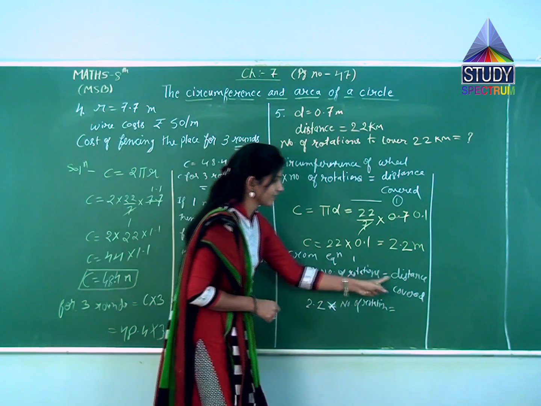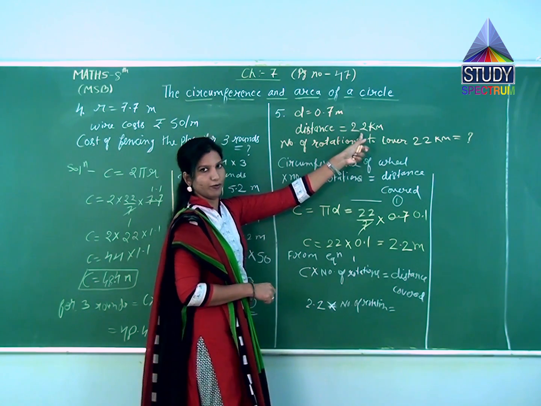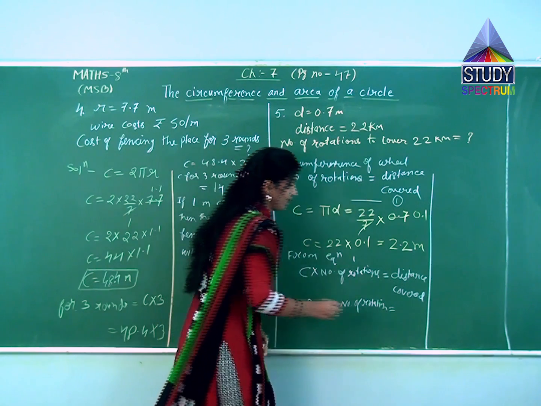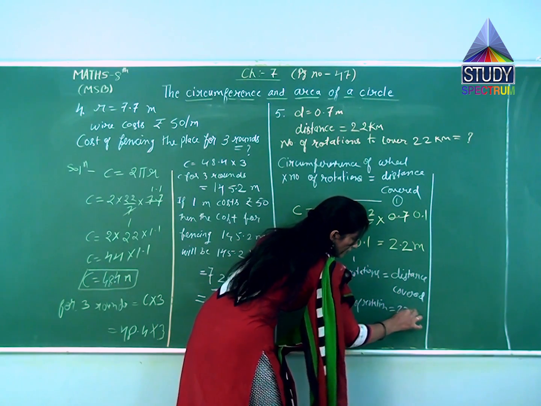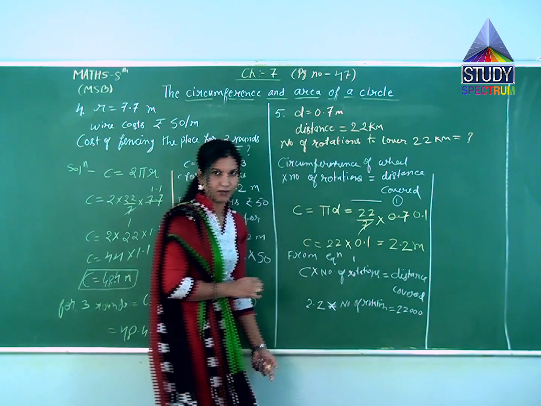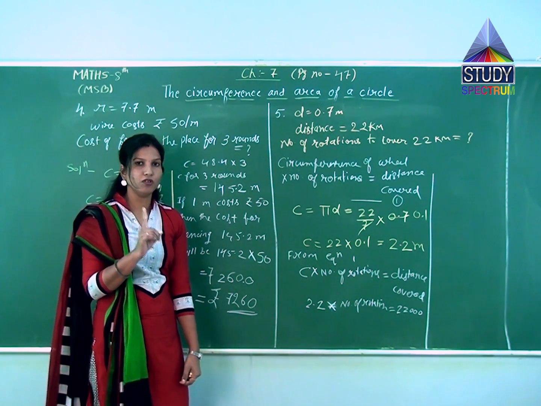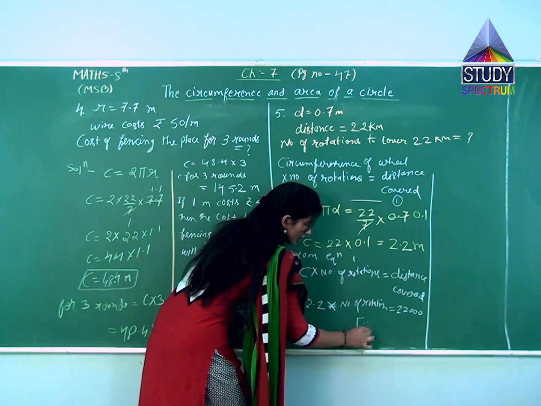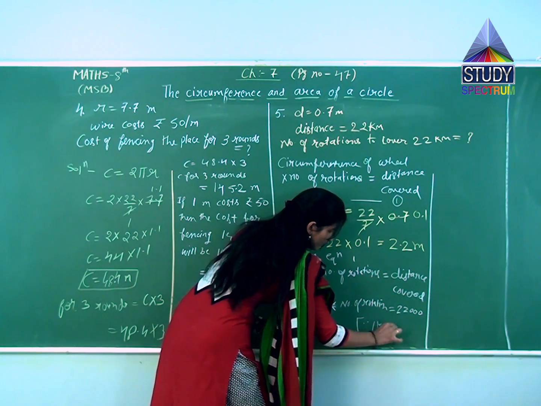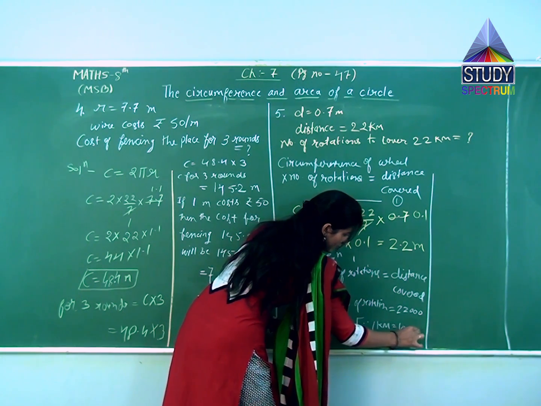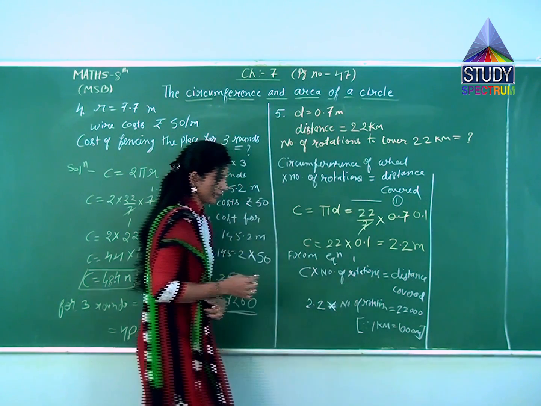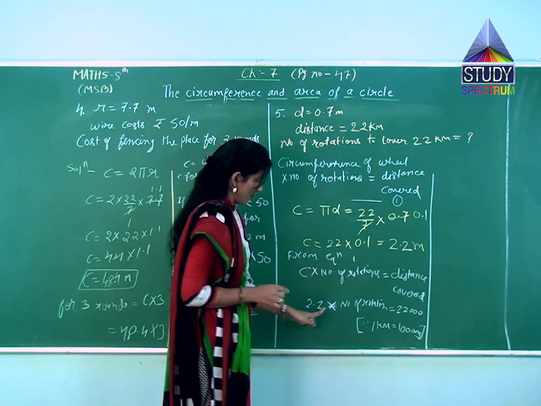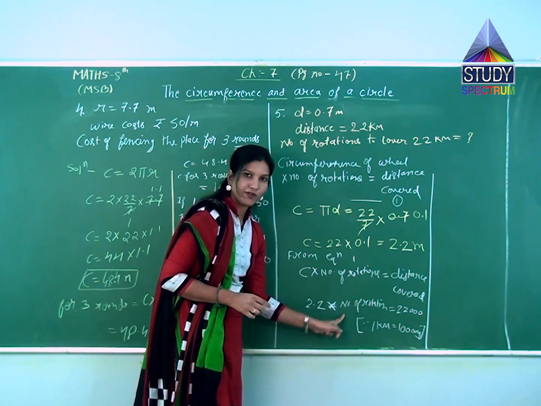So 22 kilometers will be 22,000 meters, because 1 kilometer is equal to 1000 meters. Understood?